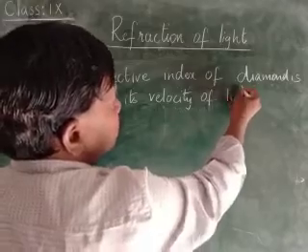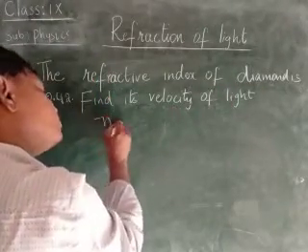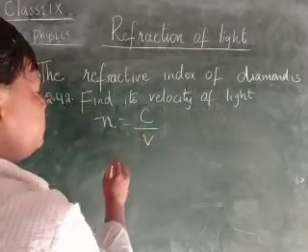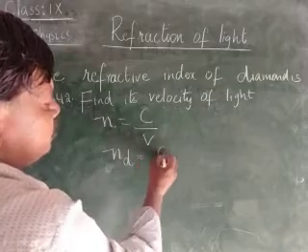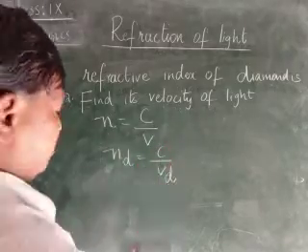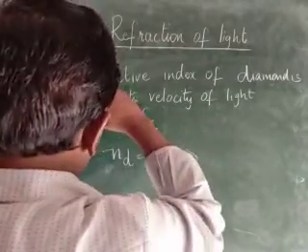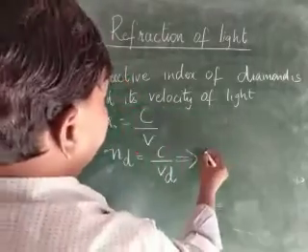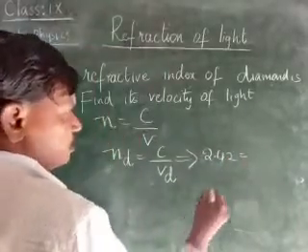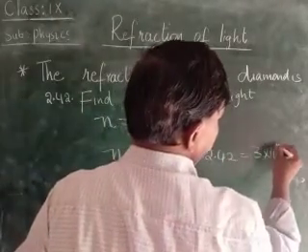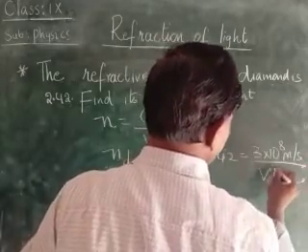Here N is equal to C by V. Here it is diamond. Refractive index of diamond is equal to C by V of diamond. Here we already know the refractive index of diamond, that is 2.42. That is equal to 3 into 10 to the power of 8 meter per second by the velocity of diamond.